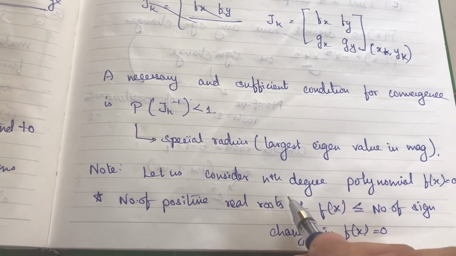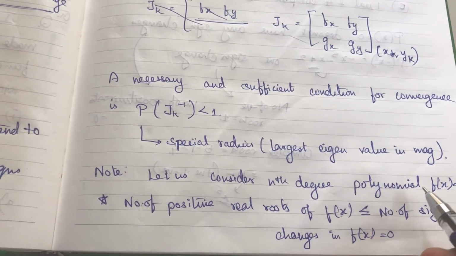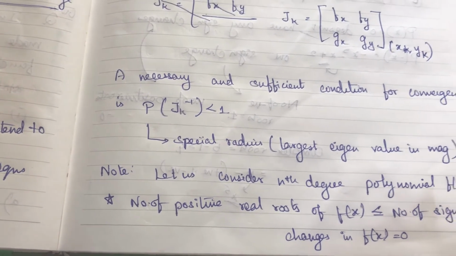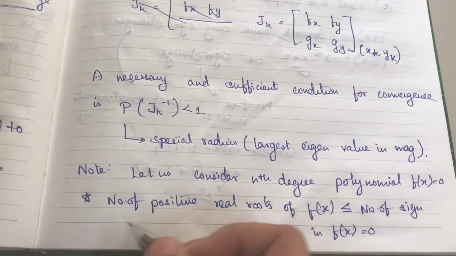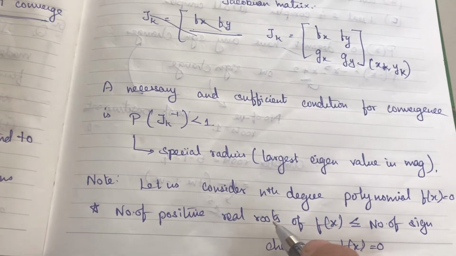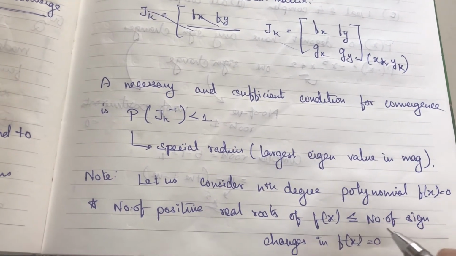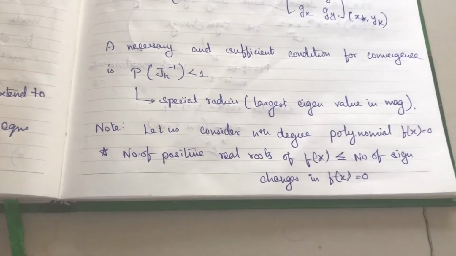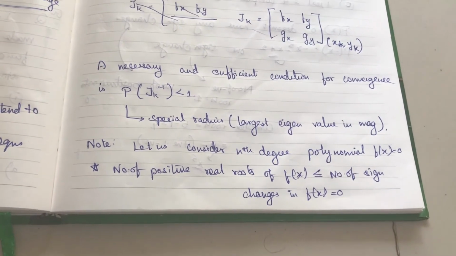Let us consider an nth degree polynomial f of x which is equal to 0. The number of positive real roots of f of x is always less than or equal to the number of sign changes in f of x.